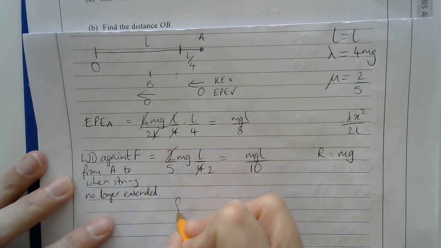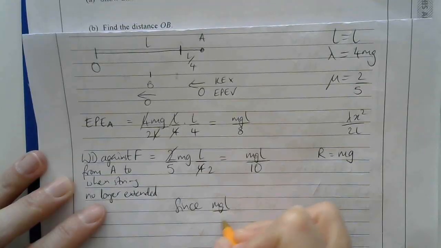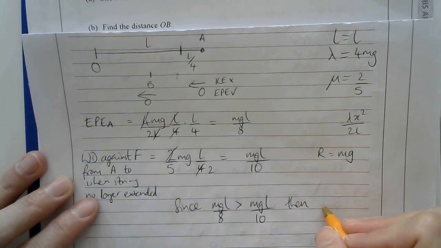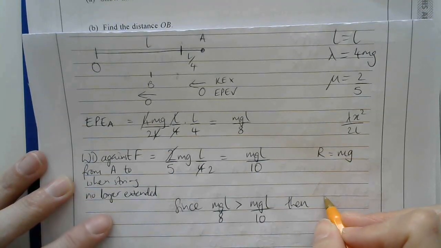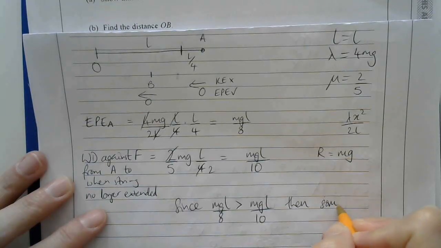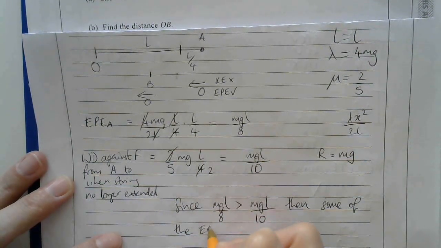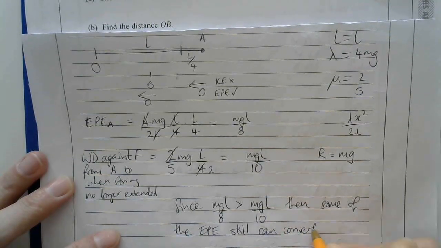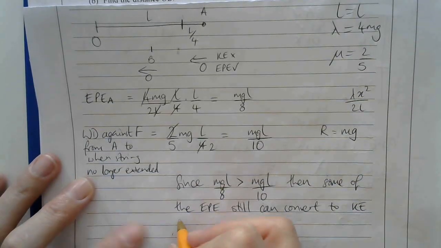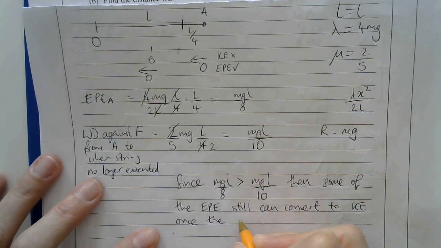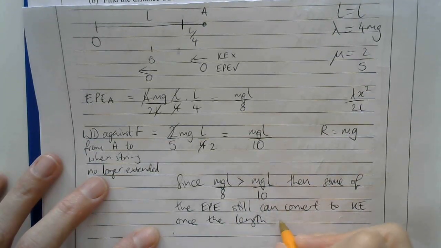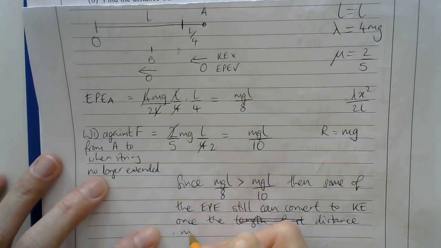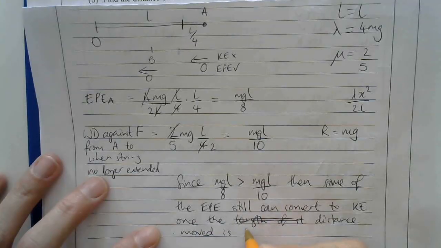So I could say: since mgL over 8 is bigger than mgL over 10, some of the elastic potential energy can still convert to kinetic energy once the distance moved is L over 4.